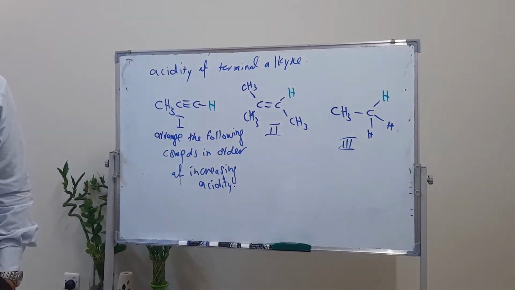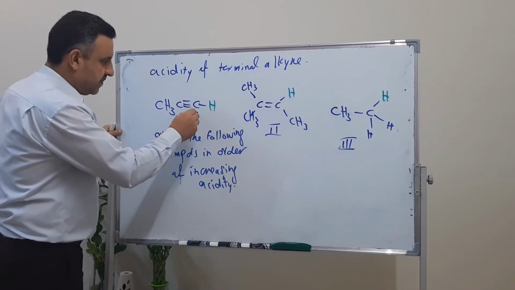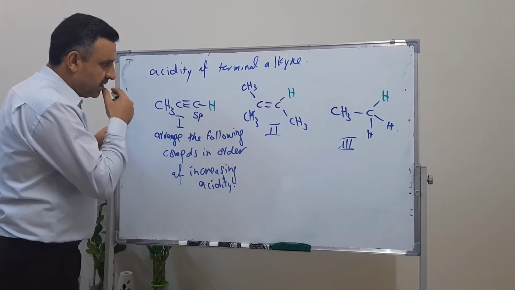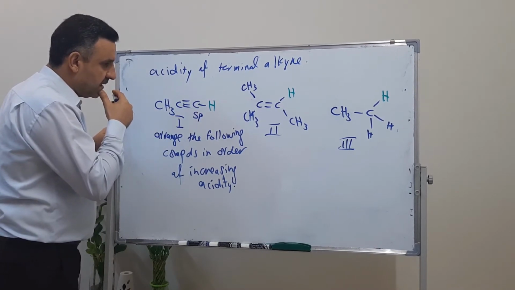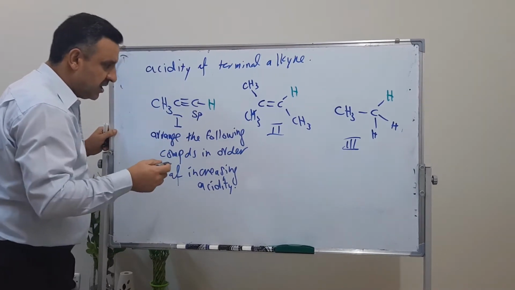The first one. Why? I think because of the hybridization. Right. So what about it? SP. Yes. So what's going to happen? It is SP, so it is easy to lose the hydrogen. Yes.